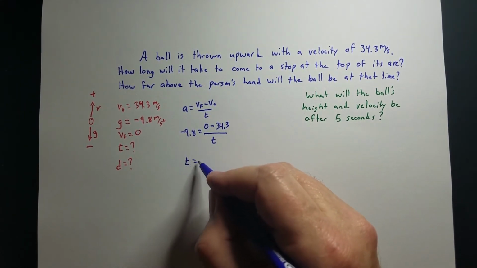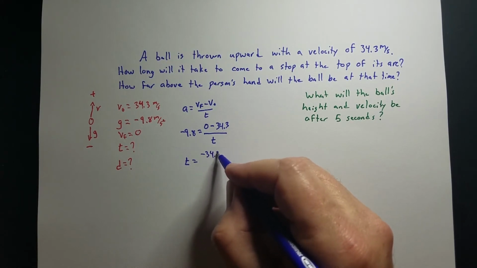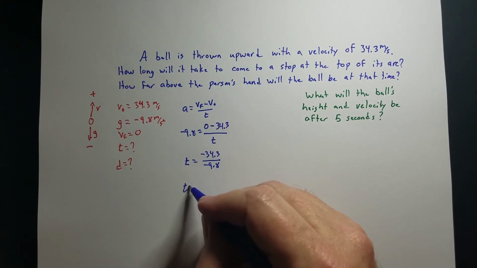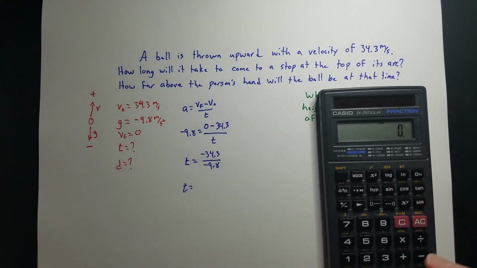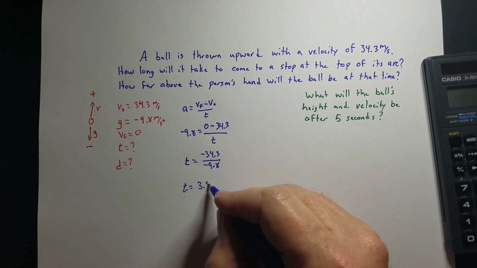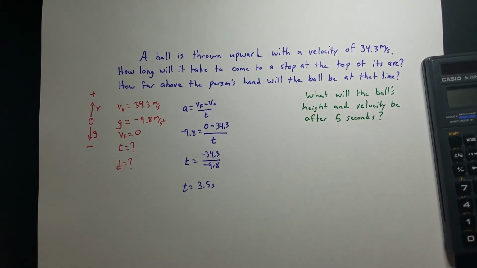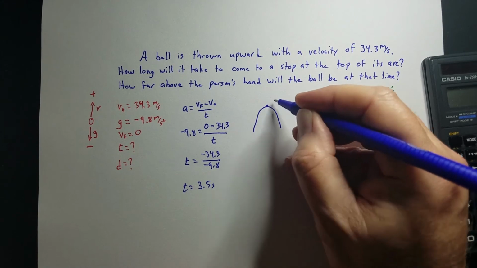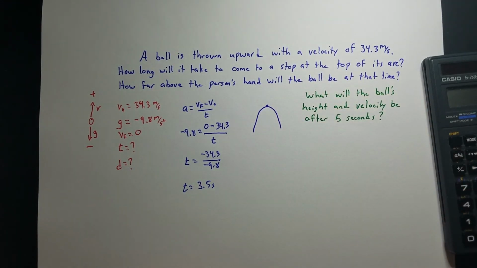So time comes out negative 34.3 over negative 9.8. So we get a time of 34.3 divided by 9.8. We get 3.5 seconds. So that ball is in the air 3.5 seconds to come to the very top of its arc up here. Took 3.5 seconds.